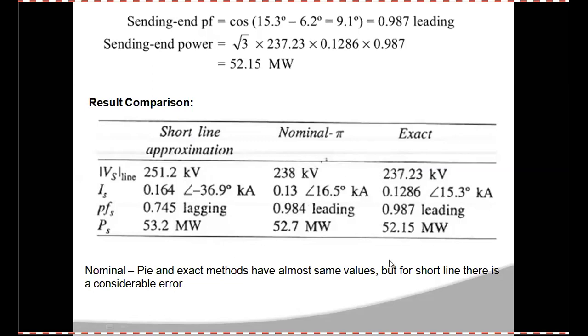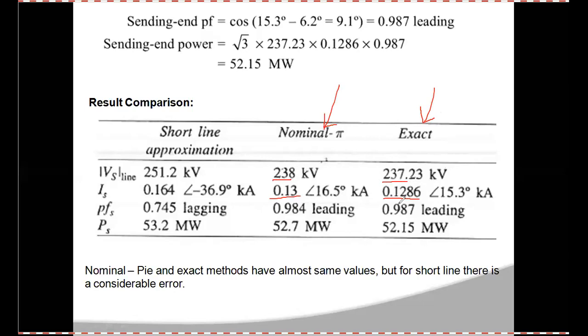Now if you observe all these results, the exact solution and the nominal pi method are very close. Voltage is 238 here and 237.23 there, almost near to each other. Current is 0.13 here and 0.128 there, almost near. Power factor is 0.984 here and 0.987 there, almost near.